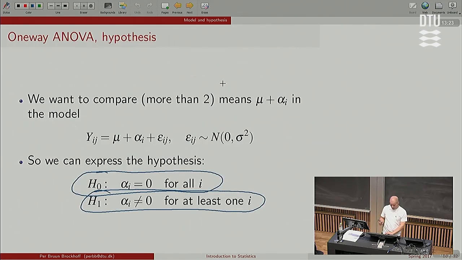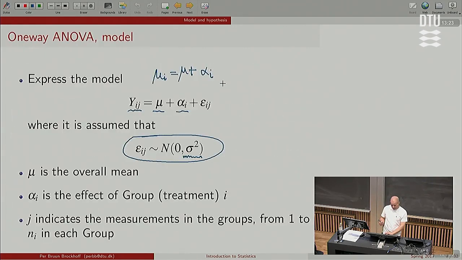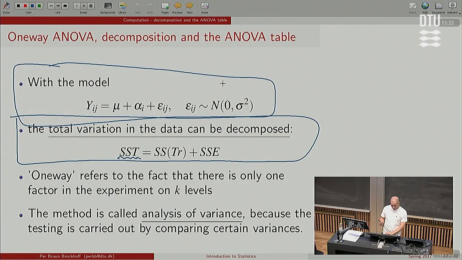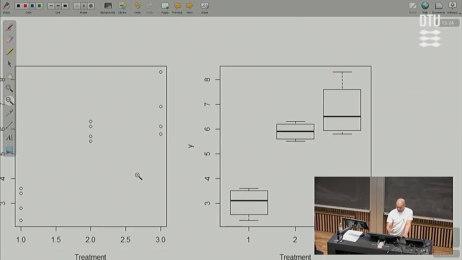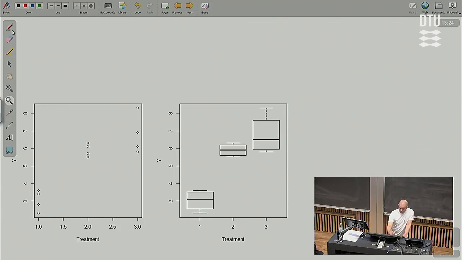We could also, I'm going to jump back now, I could use this plot again. Good. Because what's the total variability? I don't remember the numbers actually.